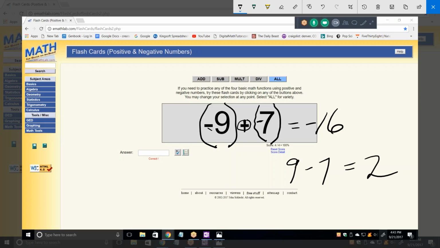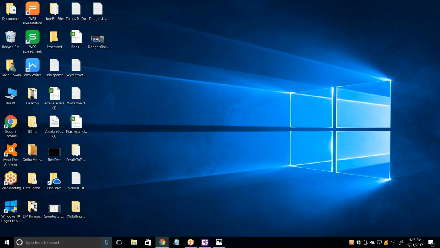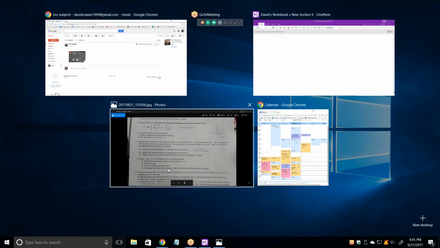And so if I put a negative sign in front of there, now I would say change it to an addition problem. Well, in order to do that, you have to know which one is the subtraction sign. This is the subtraction sign. Okay? All right, let me exit this. Go back to your page.